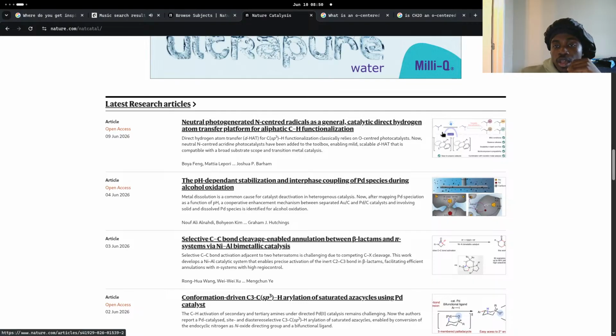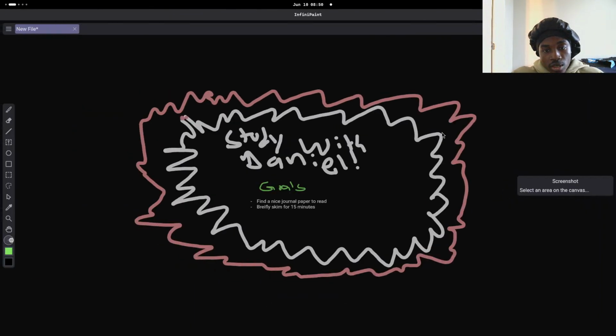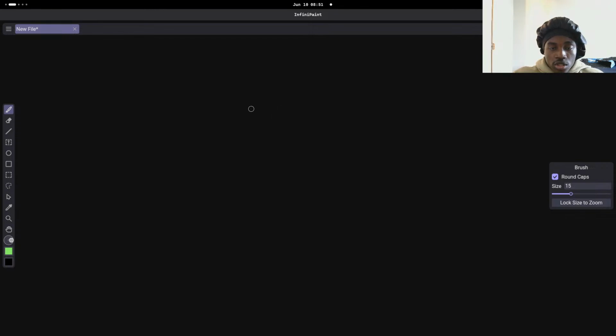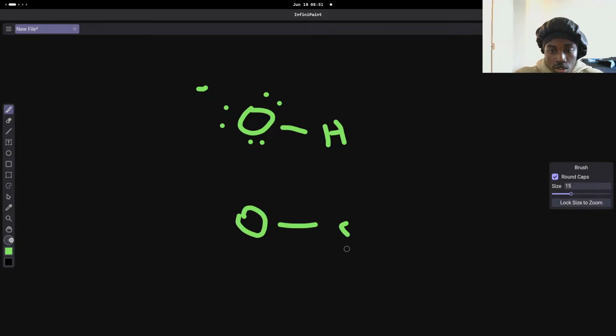Hydroxyl is like, actually no, a hydroxyl, I mean, it's like OH, and then you have the lone pairs, and then you have this negative. Then alkoxy could be like OCH3, right?